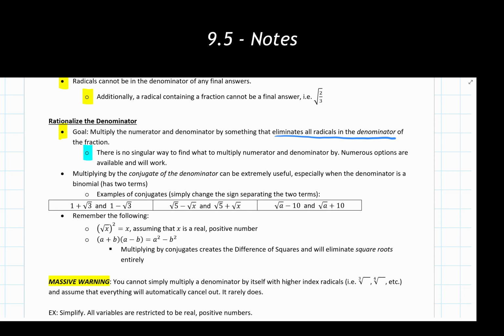One of the scenarios that we do have showing up in this section, and probably the only instance where we have a go-to process, is called multiplying by the conjugate of the denominator.